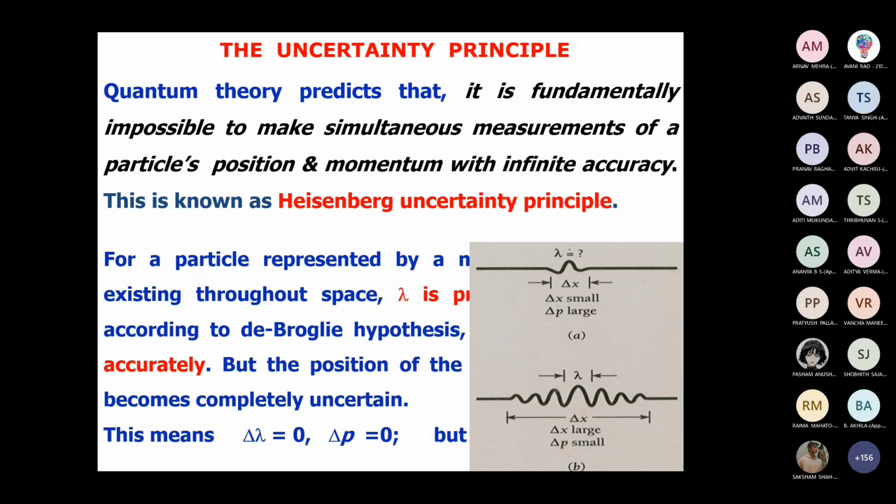Here the two quantities are position and momentum. If the uncertainty in position is small, then the momentum uncertainty will be large. If the uncertainty in position is large, then the uncertainty in momentum will be less. You can't measure both with great accuracy. That's what the uncertainty principle talks about. Is it fine? Anyone has a query?